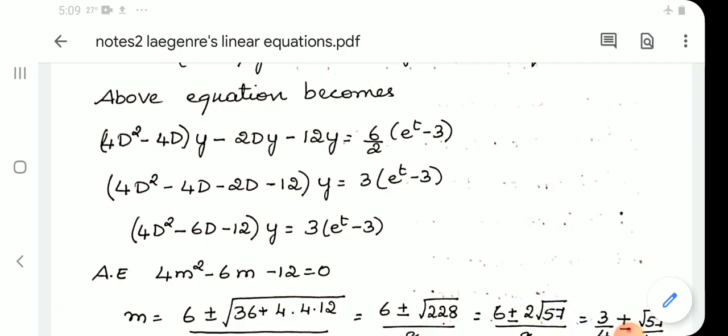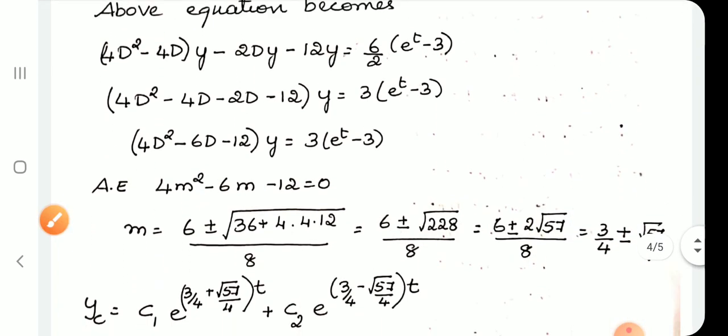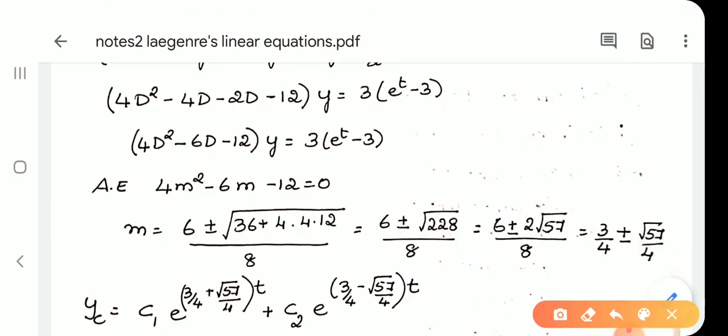Again, let us solve this equation by taking the auxiliary equation. The auxiliary equation is 4m square minus 6m minus 12. By applying the formula method, if we find the roots of this equation, we get the roots as 3 plus or minus square root of 57, by 4.